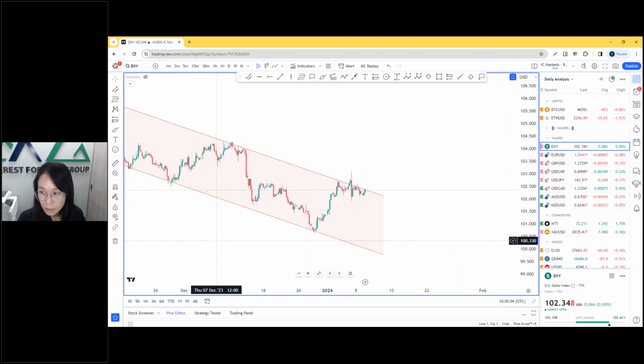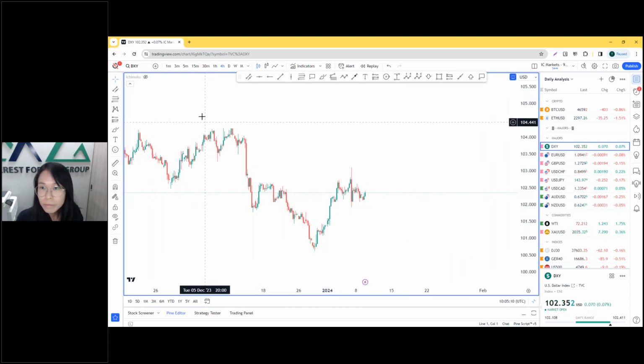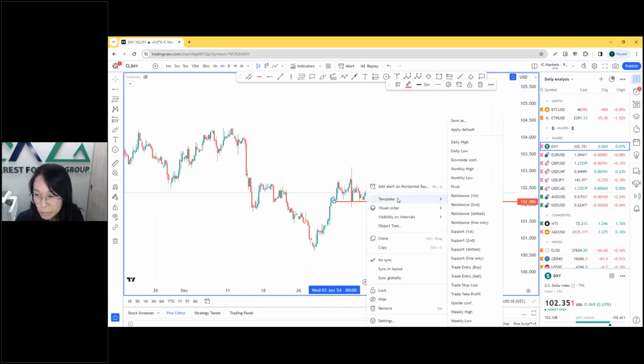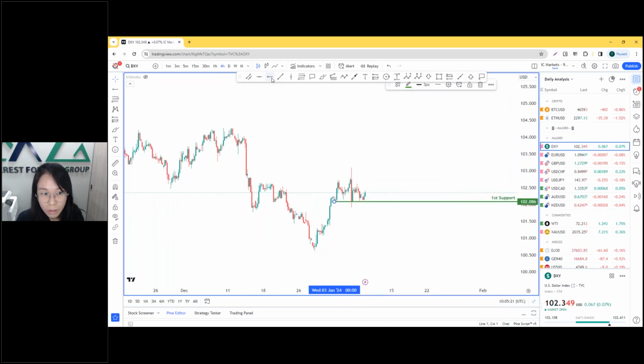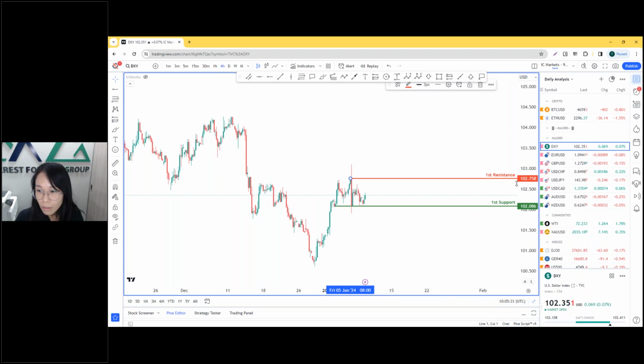Key support level will be here, a nice multi-swing low. This pullback here can be the first resistance. So the price is in between the first support and first resistance level, but it looks like it's heading to our first resistance level.